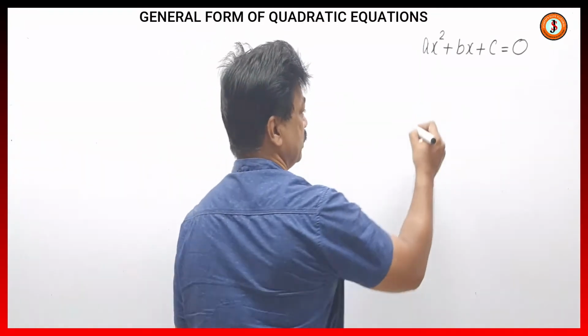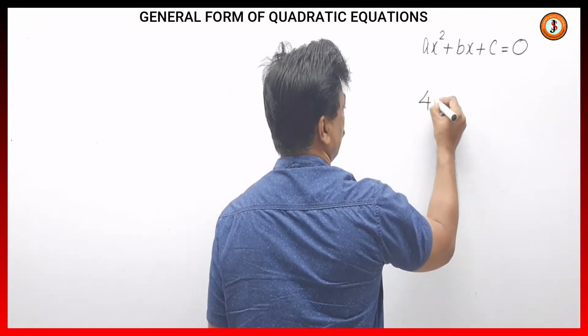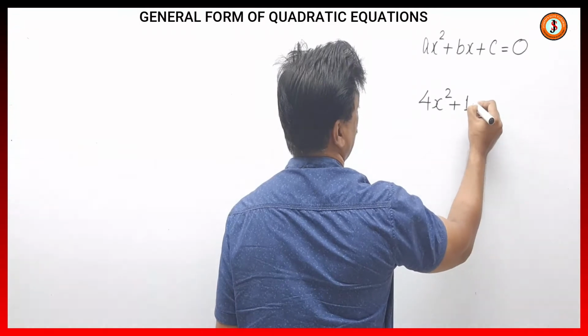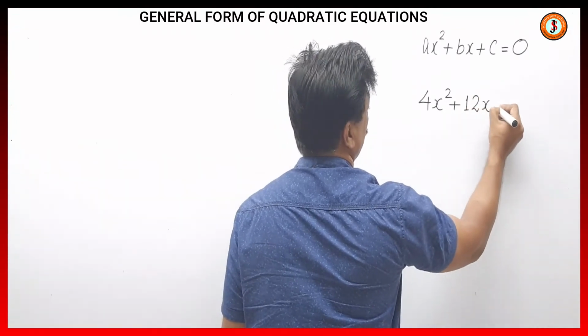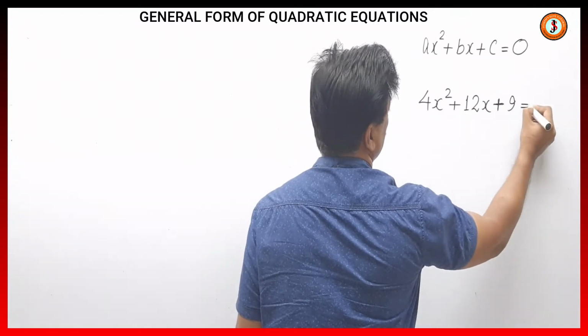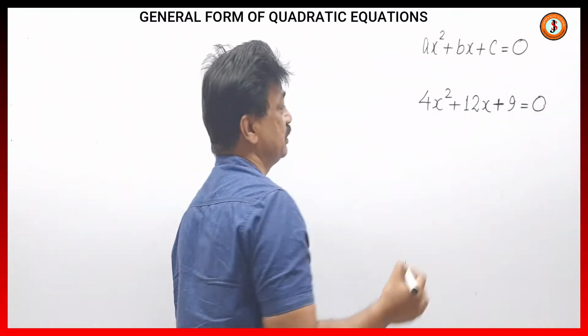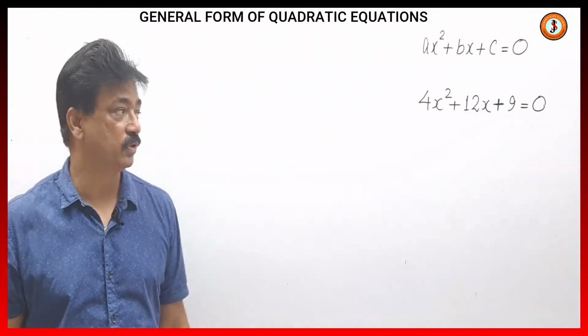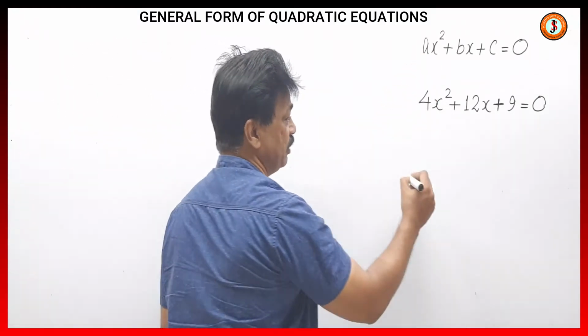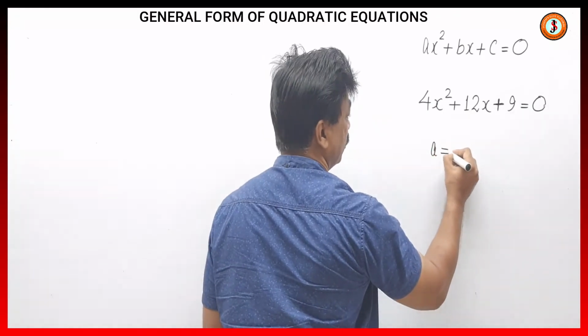We have, say for example, the quadratic equation 4x square plus 12x plus 9 is equal to 0. So this is written in exact standard form. So a means coefficient of x square, that means the value of a here will be 4.